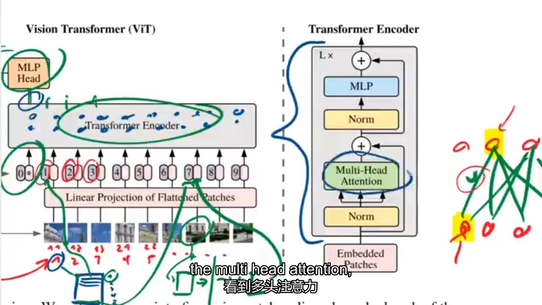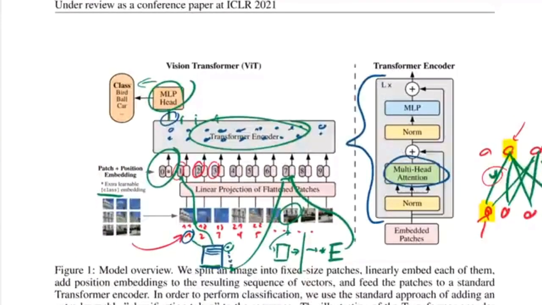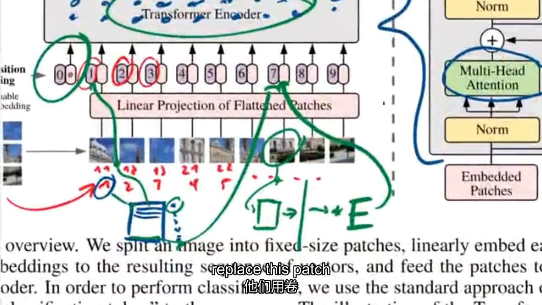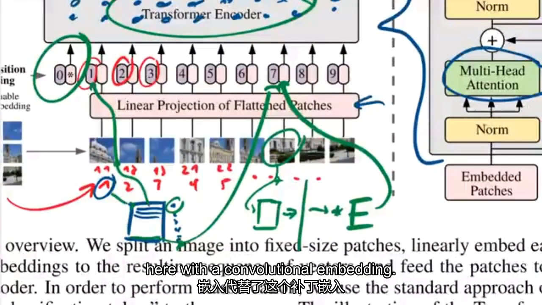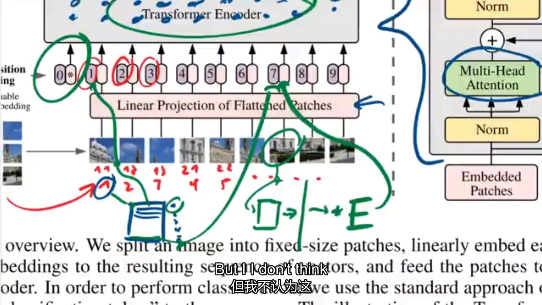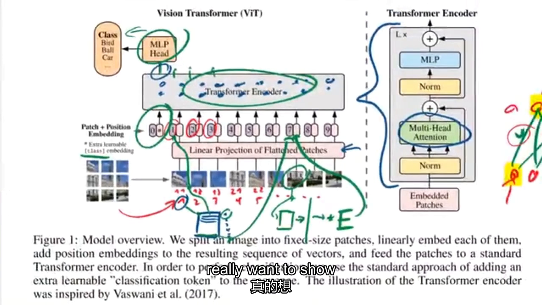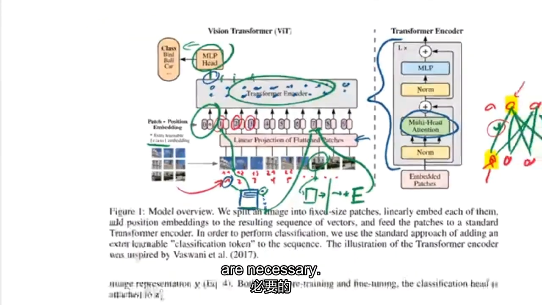And you see the multi-head attention, that's the expensive operation. So the paper completely discards the notion of convolutions. They have a variant where they, I believe, replace this patch embedding here with a convolutional embedding, but I don't think it helps much. They really want to show that convolutions aren't necessary.